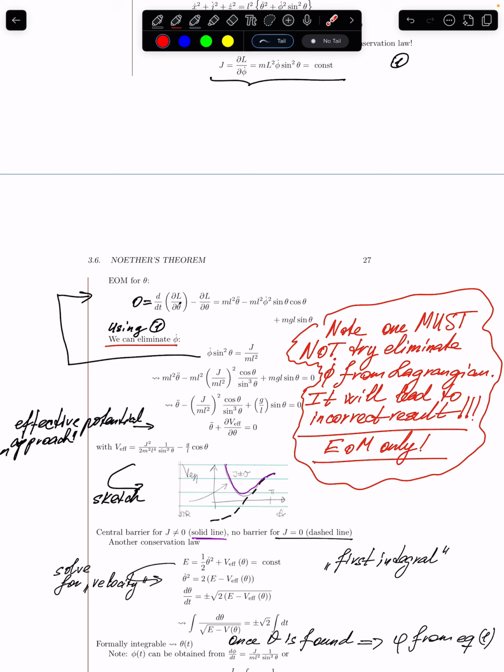solutions. For example, if our initial conditions for the energy, in this case for this effective potential, will be within this range, then our motion will be constrained between these 2 points.